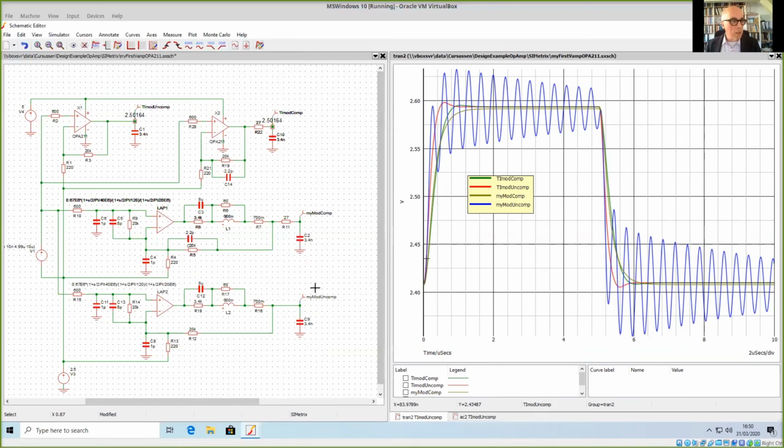Now here you didn't see how slow it was, but if you have more operational amplifiers and these huge models, it can even generate convergence problems or make the simulation really very slow.